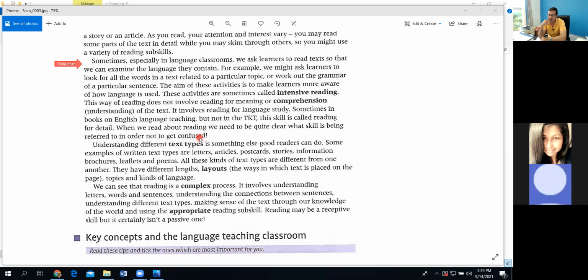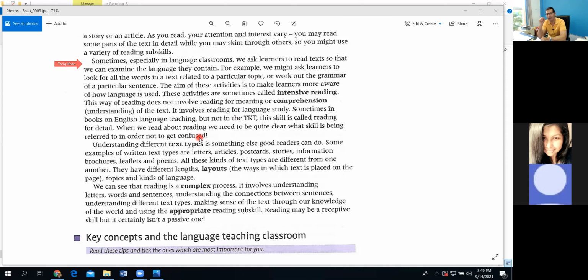But for comprehension, we let them see how they can find certain information. For intensive reading, we ask them to write a summary. Then they have to go through each and every word. First, they have to understand the whole thing, and then they will be able to summarize.